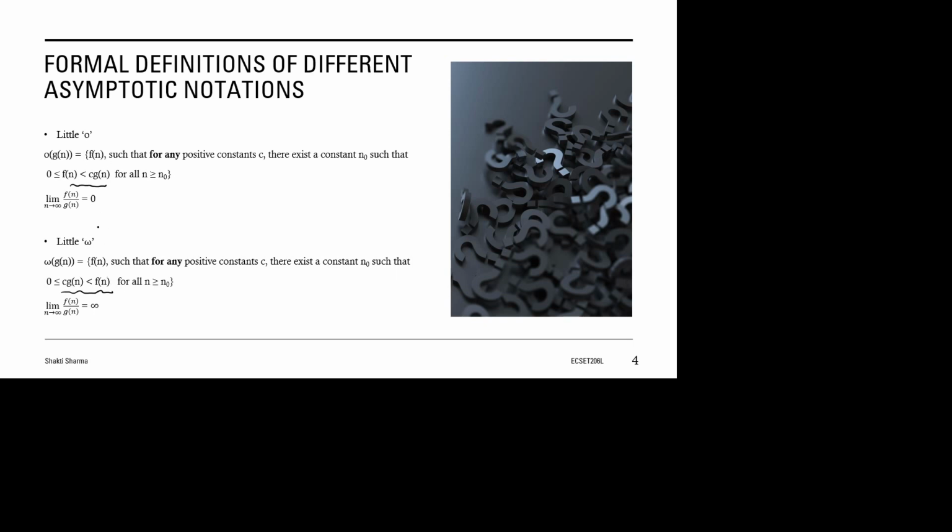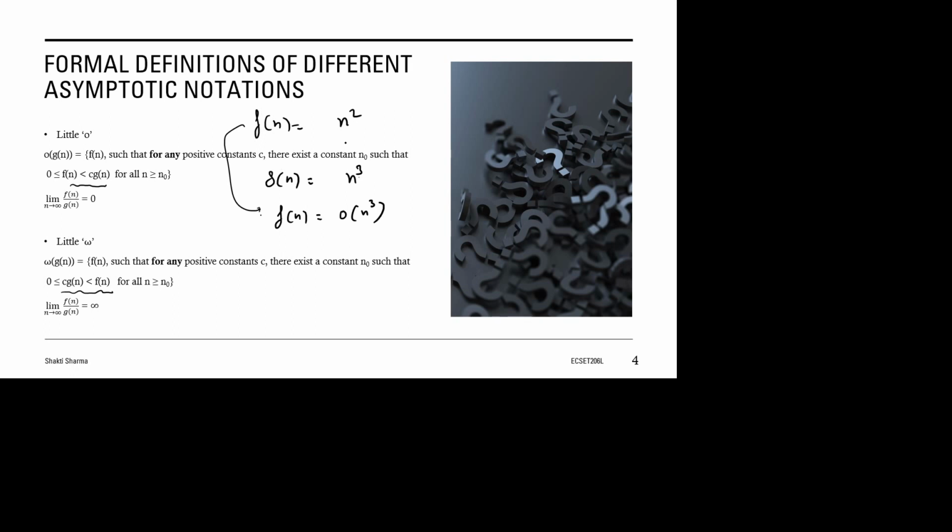So little o and little omega represent the loose upper and lower bounds. If I have any complexity coming as f(n) equal to, say, n square, and I take any higher degree g(n), that would work in the case of little o. So we can say f(n) is little o of n cube, where f(n) is equal to n square.